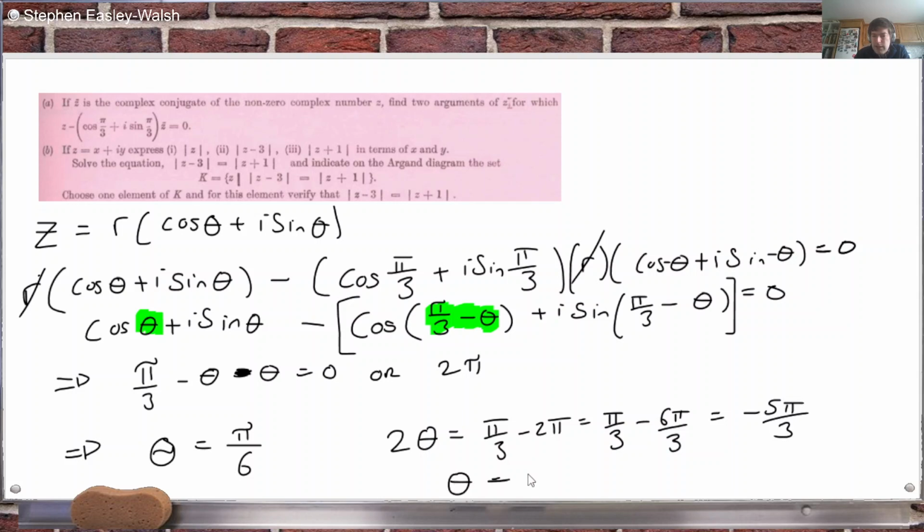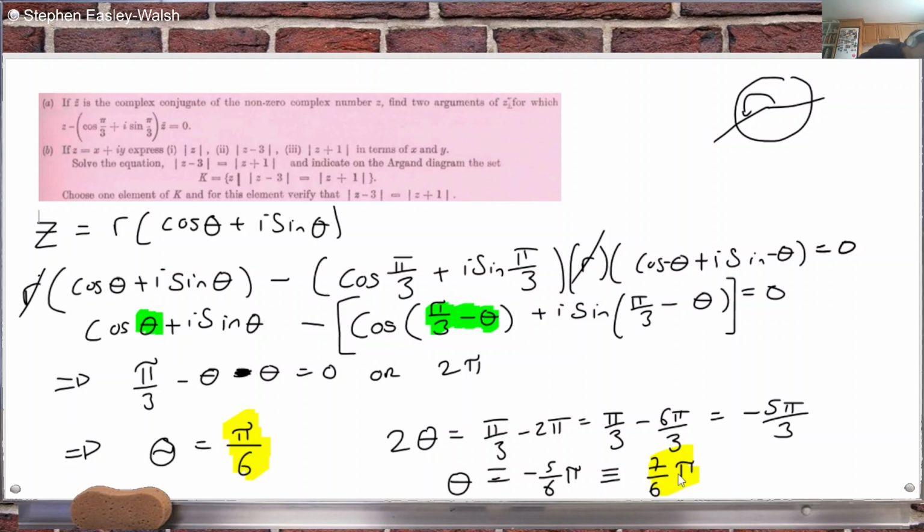So that means theta is minus 5 over 6 pi. But if we don't want to be dealing with negative angles, that minus 5/6 pi would be like about there. That is equivalent to, going this way around, 7/6 pi. So it's looking like I'm getting pi over 6 and 7 pi over 6.